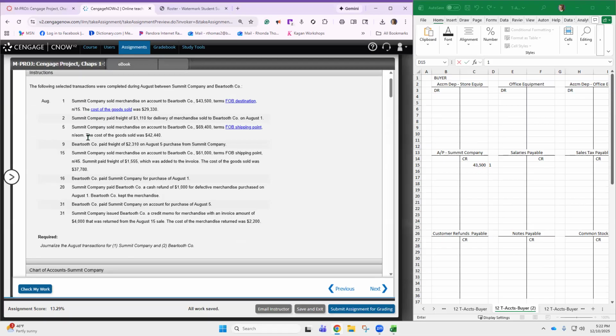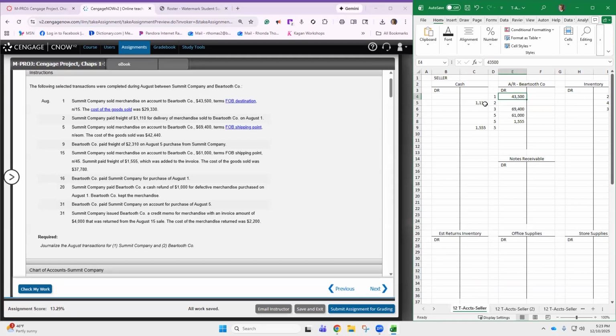Okay, so let's go to 5 now. Now here comes another sale. So once again, I'm going to audit what I did so I don't get any further in trouble. So August 2nd was the second entry, and we paid cash of $1,110, and we reported it in the delivery expense.